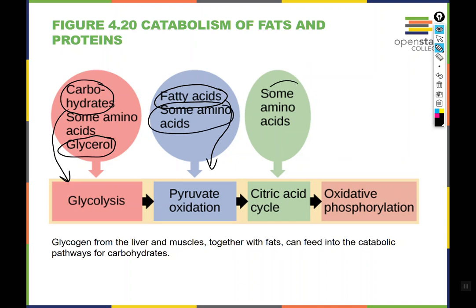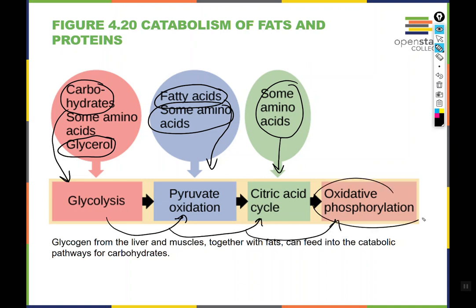Other amino acids can be fed into the citric acid cycle, but the products of all of these things end up at oxidative phosphorylation. So the order of operations for fuel use in the body is, excuse me, I just tried to scratch my nose and bumped the mic. Carbs first, fat second, protein third.